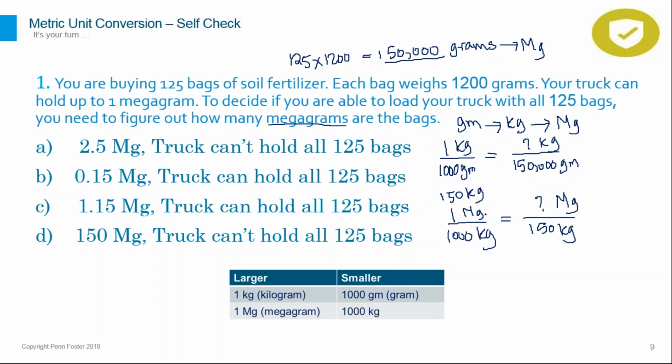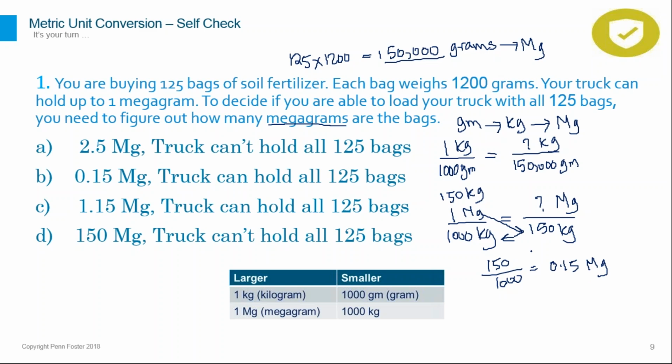Again, I'm going to cross multiply and divide. 1 times 150 is 150. Then I have to divide 150 over 1,000. That will give you 0.15 megagrams.